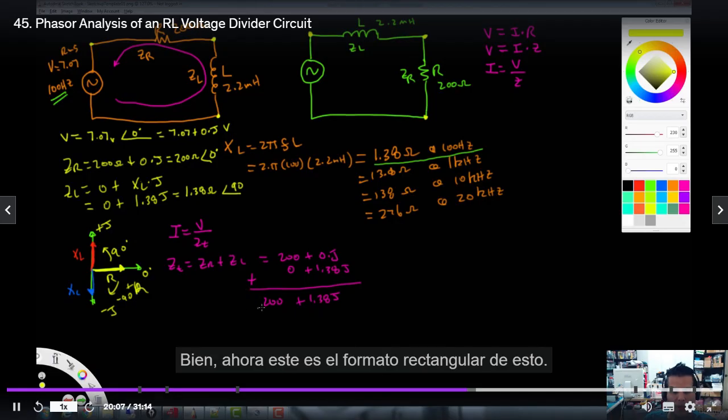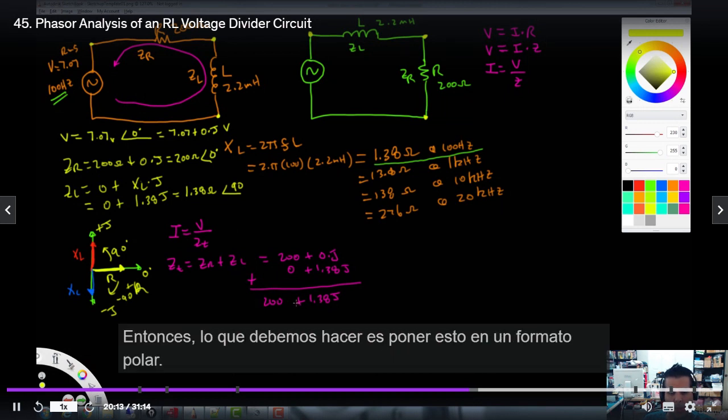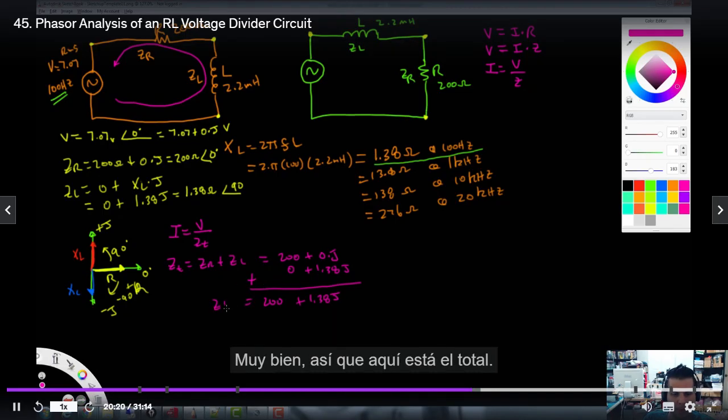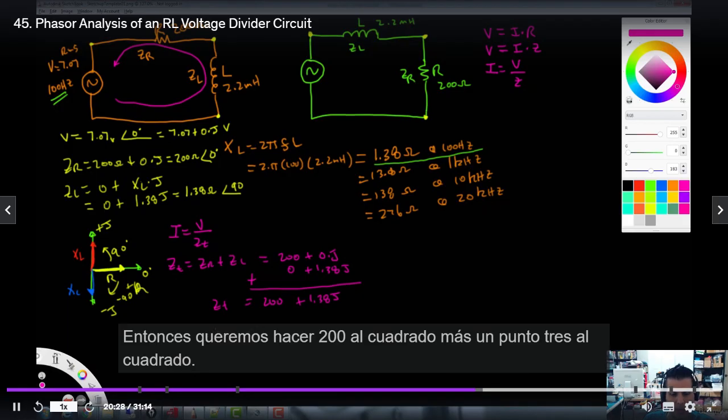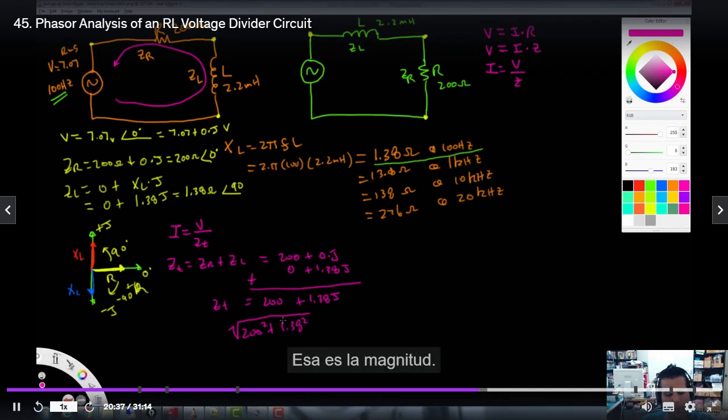Okay, so now this is the rectangular format, but we want to do a division. So we need to put this into a polar format. Here's our Z total. First we need to find the length of this. We find the square root of the sum of the squares of each of the components. So we want 200 squared plus 1.38 squared, and that's the magnitude.